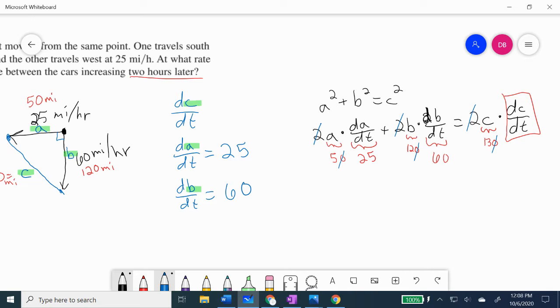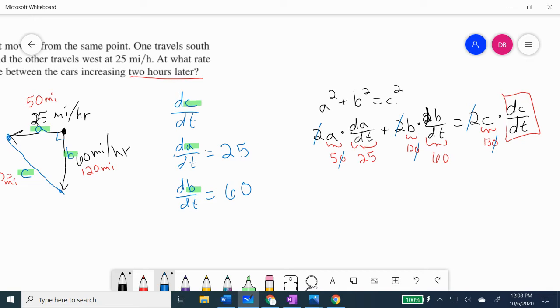We have 25 times 5, and then plus 12 times 60, and then that is divided by 13.